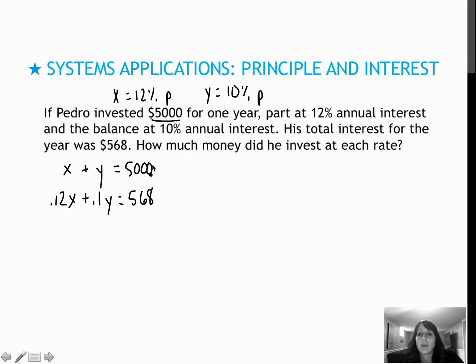Again, you choose how you want to solve it, if you want to solve by substitution or elimination. I'm going to call this y equals 5,000 minus x, so 0.12x plus 0.1 times 5,000 minus x. When I solve this, it should solve for the amount in the 12% account.